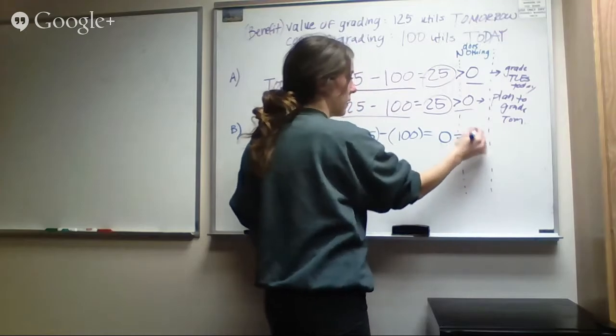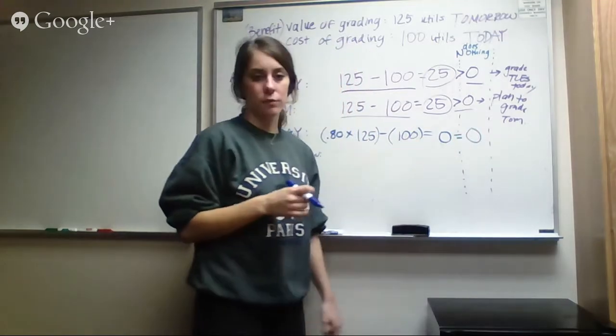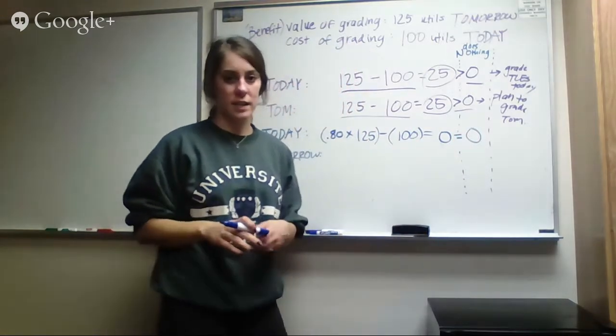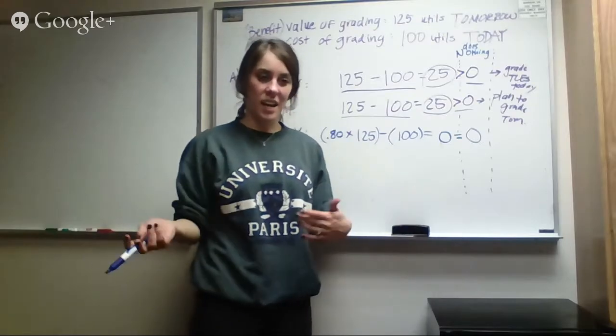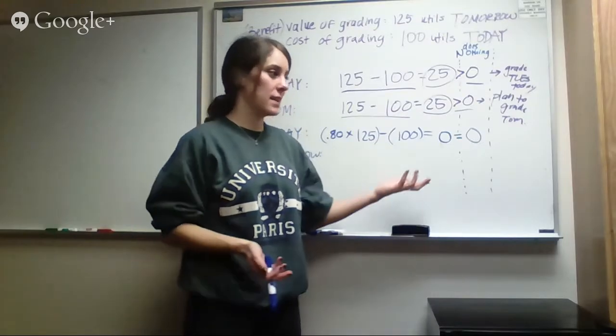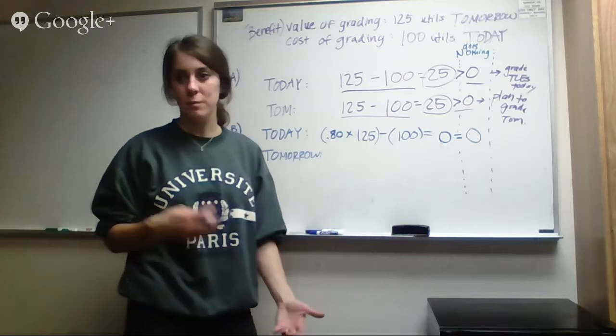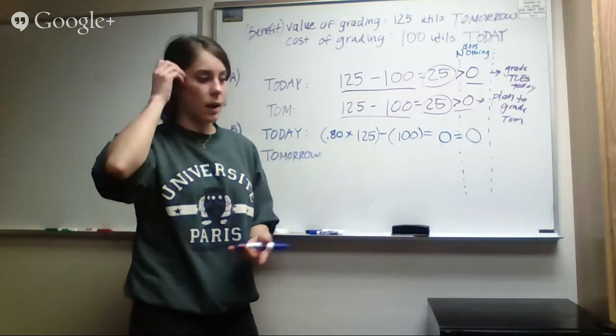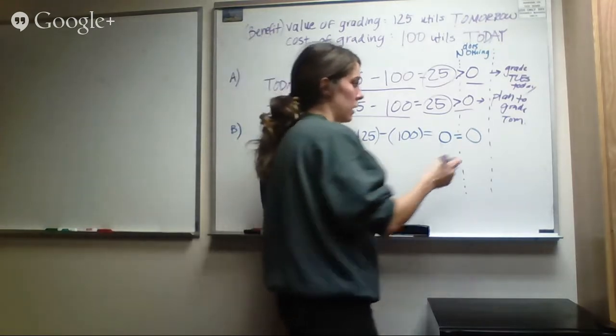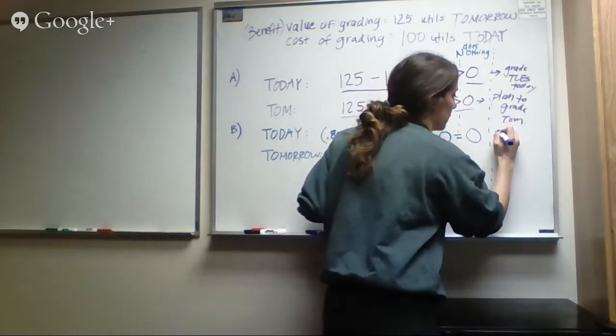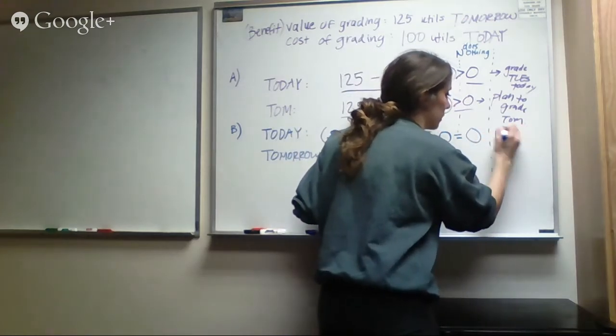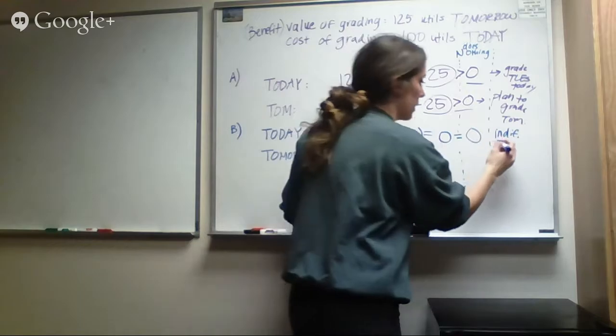Okay, so if he does nothing, he gets 0. So he's going to be indifferent about grading today. If he doesn't act, he doesn't get any utility or any benefit. But if he does act, he also doesn't get any utility or benefit because he values his time more right now than he does later. So he'll be indifferent here about grading today. So indifferent today.